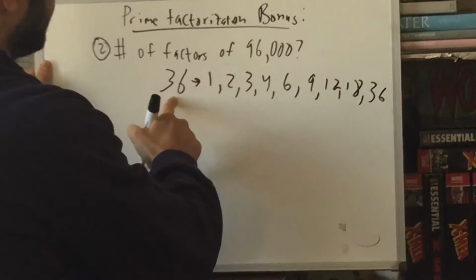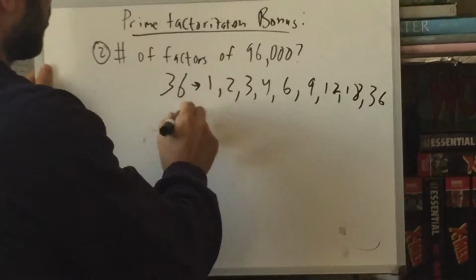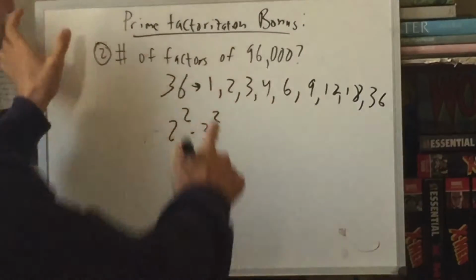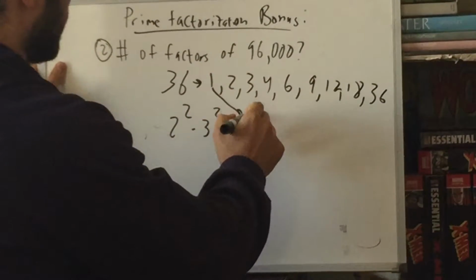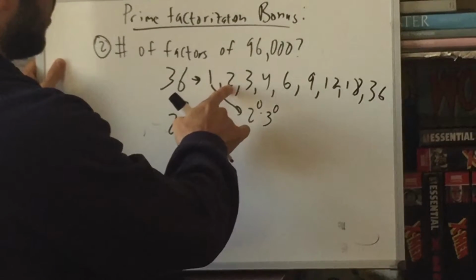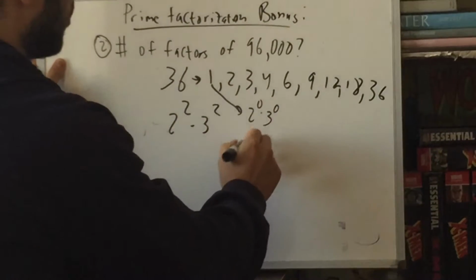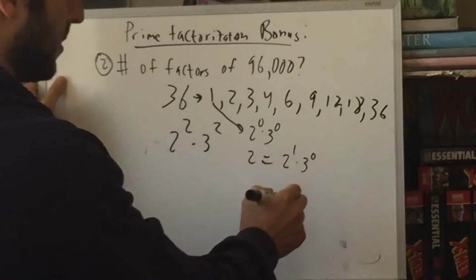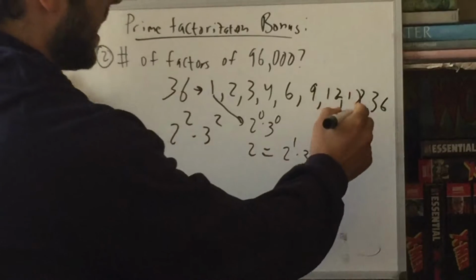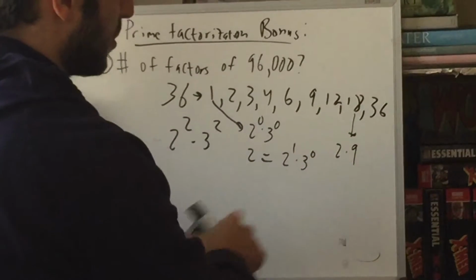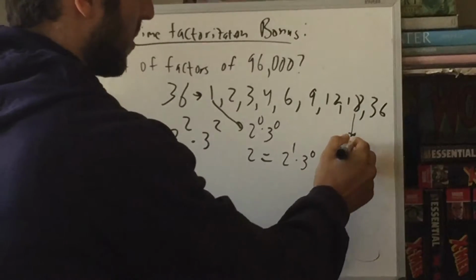Now 36 is 4 times 9, or 2 squared times 3 squared. And if you notice, what is 1? That's 2 to the 0 times 3 to the 0. 2 is 2 to the first times 3 to the 0. Let's take 18. That's 2 times 9, or 2 times 3 squared.